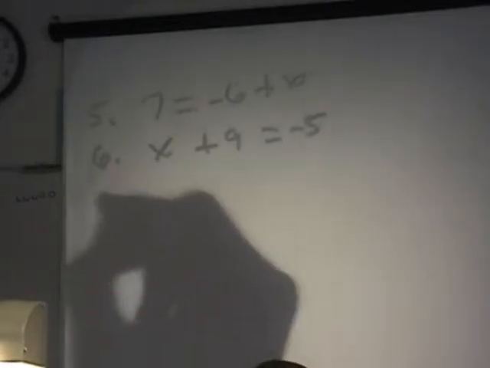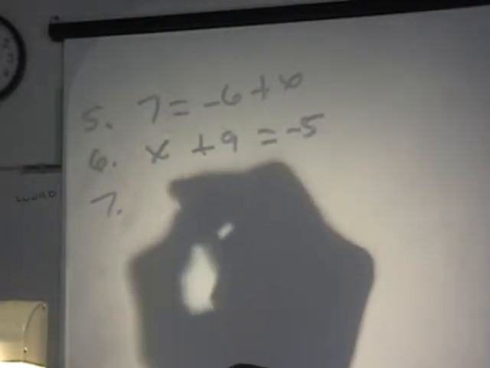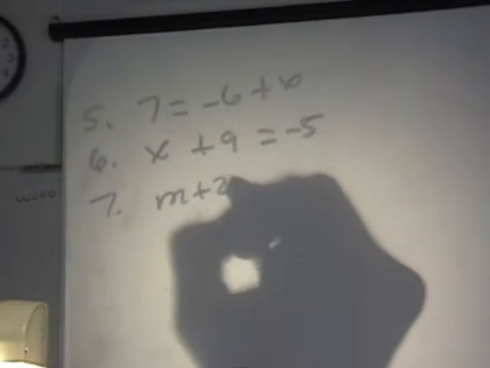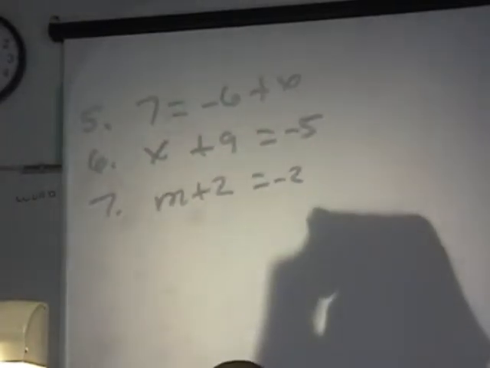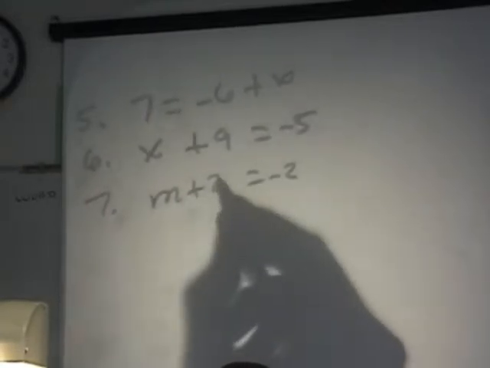Okay. Now, let's go to number 7. Let's read the instructions for problems 7 through 14. Solve each equation. Use algebra tiles if necessary. Okay. Let's go to m plus 2 equals negative 2. Now, how do we solve that? Well, you must isolate the m, but you're adding 2.